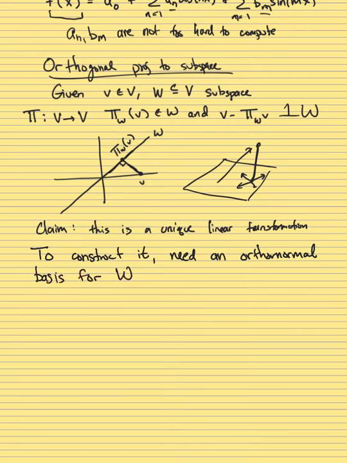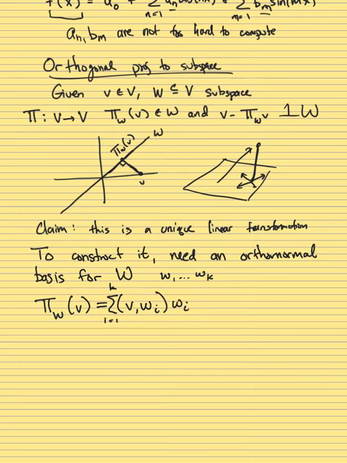Okay, so suppose we have that, w1 up through wk, then where do you send v? So pi W of v is exactly going to be the inner product of v with the wi. Sorry, so this should be a sum from i equals 1 to k of the inner product of v with wi, times wi.